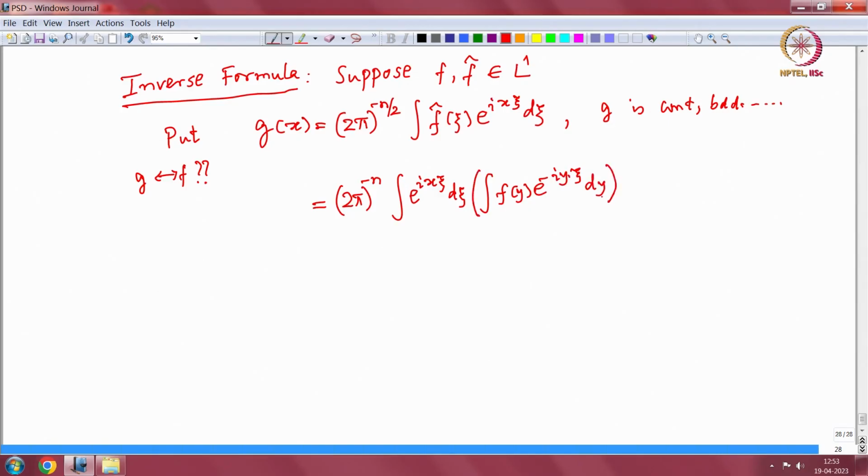If we can justify the Fubini theorem in this case, suppose it is possible. I am not saying that it is possible, but let us say it is. Then we get the integral of f of y dy and then the integral of e to the i, x minus y dot j dj.